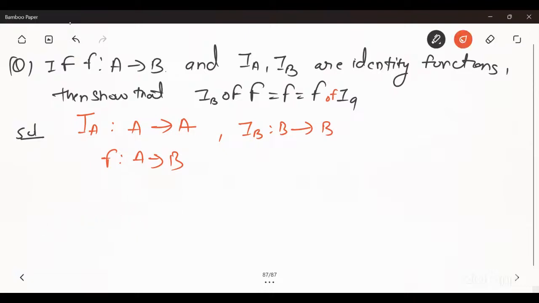You can simply say that F of IA means F is from A to B and IA from A to A are two functions.